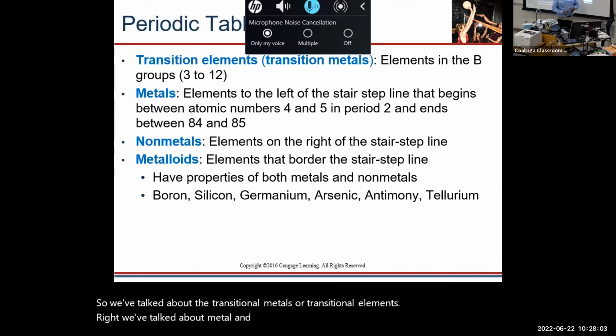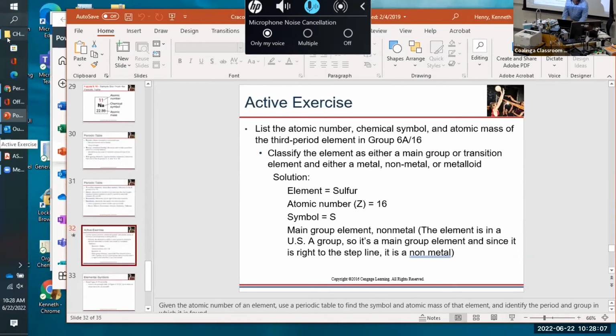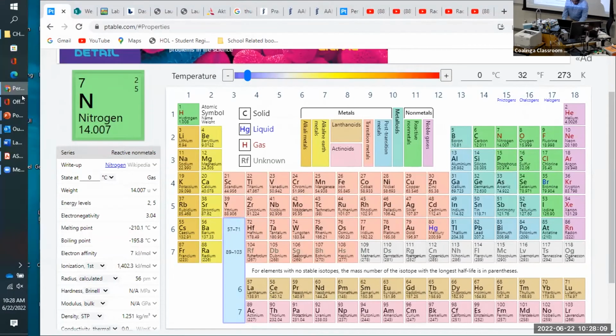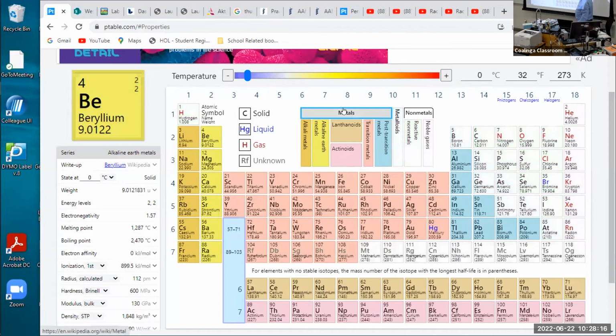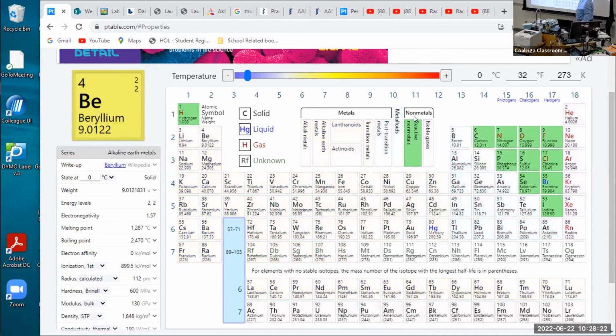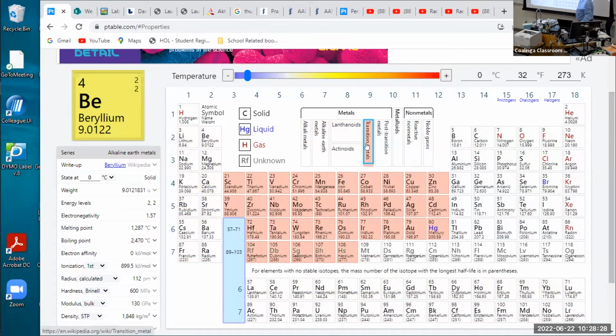So let's take a look at the periodic table again. Look at our metals. If you select on your periodic table, this highlights all of the metals. We know that our transitional metals are transitional metals.